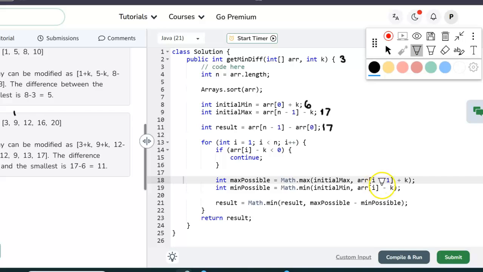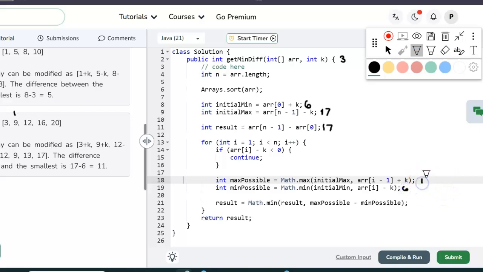What if we start subtracting at array I, which is 1? Then we would have array I is 9, minus 3 is 6. Math min of 6 and 6 is 6. So that is still 6.